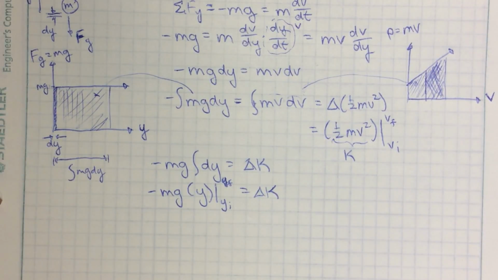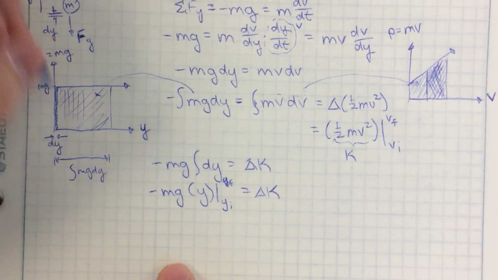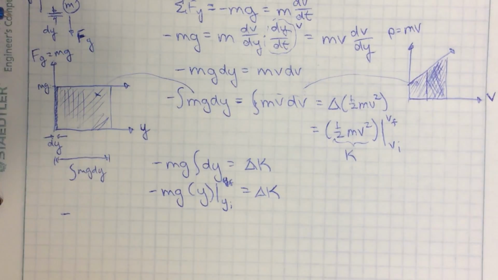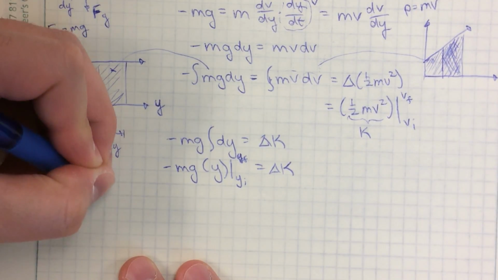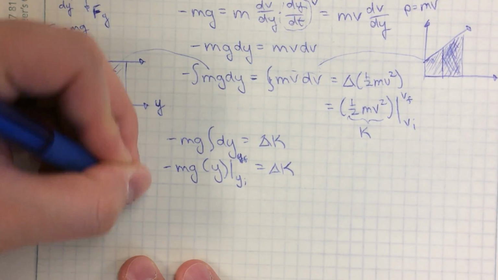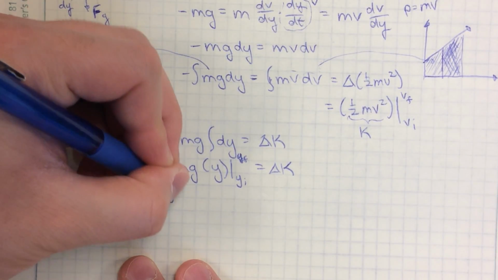So I'm going to write this a variety of different ways. We can write it like this: negative of mgy final minus mgy initial.